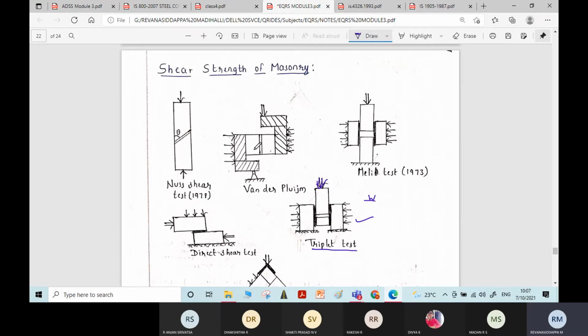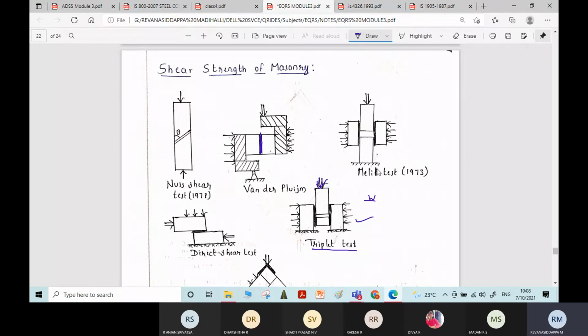In this case also the bricks will be attached to some setups, 2 bricks. Between the bricks there will be a mortar joint and loading will be applied so that shearing action takes place at this joint, and the ultimate load is noted down and the shear strength can be estimated.